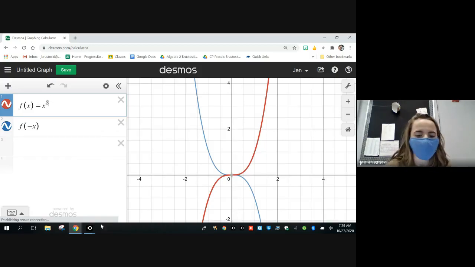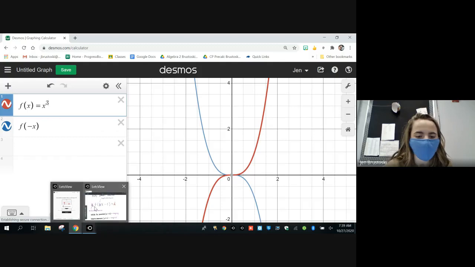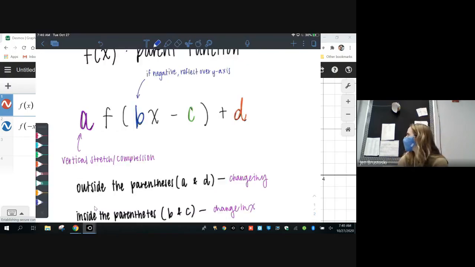So A is a vertical stretch or compression, and then B, if negative, is a reflection over the y-axis. And also something else that A does, if negative, it reflects over the x-axis.